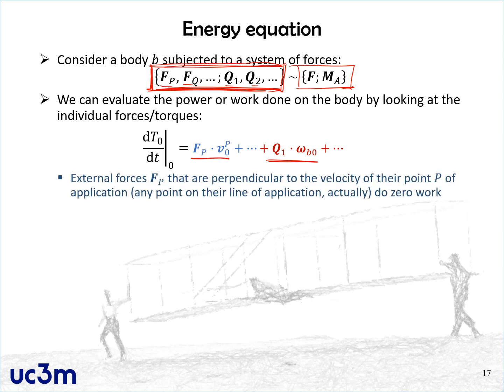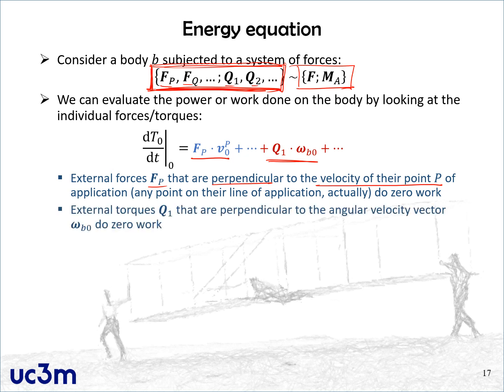On the one hand, the power associated to the forces is 0 when the forces are perpendicular to the velocities of the rigid body at the point of application. So when that happens, those forces do 0 work. For the external torque terms, the condition is that the torque has to be perpendicular to the angular velocity vector of the rigid body. And when that happens, the torque exerts 0 work on the rigid body.